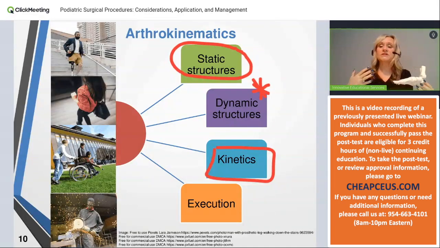When you look at progressions, I think it's very natural for us to think about our progressions in terms of balance, right? We're going to start with sitting just to get the foot and proprioception and some weight bearing through it. Then we'll work to standing, 2 legs, 1 leg, upper extremity support, none, eyes open, eyes closed, different surfaces. That's kind of routine.